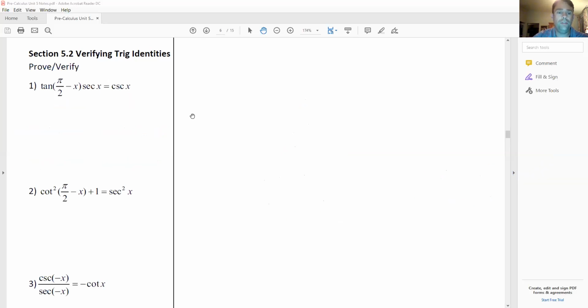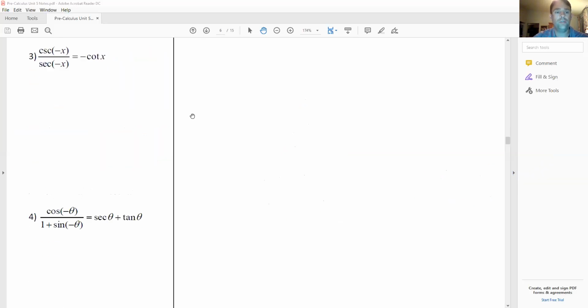All right, well, we did those. Let's move on to the last little thing we're going to look at. We also looked at, back when we first started dealing with our trig, even and odd functions. We said that some trig functions are even and some are odd.